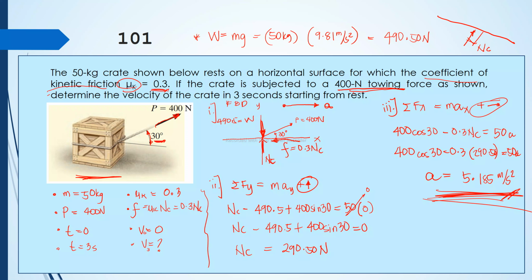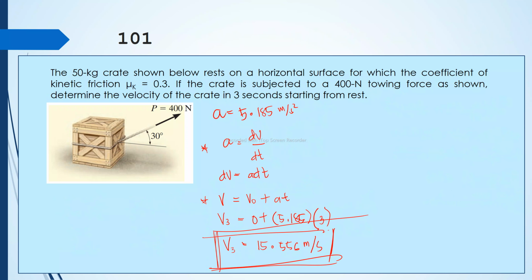So we sum forces along X, equal to the mass times the acceleration along X. We have these values and then we arrive at the acceleration. So we got the acceleration first, so we can solve the velocity of the object after 3 seconds. After getting the acceleration, we know that it is a constant acceleration because the force P is not changing.